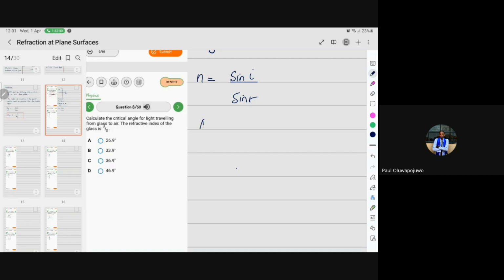Now, at the critical angle, we have that R is equal to 90 degrees. So that means that N is equal to sine I all over sine 90, and I will now be equal to C. So sine C is equal to N times sine 90.